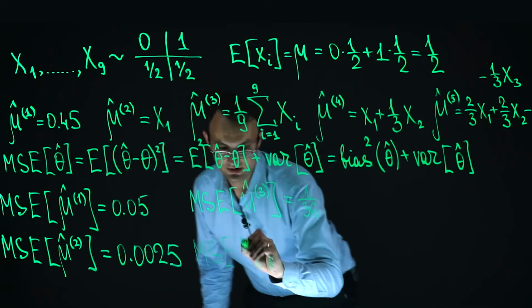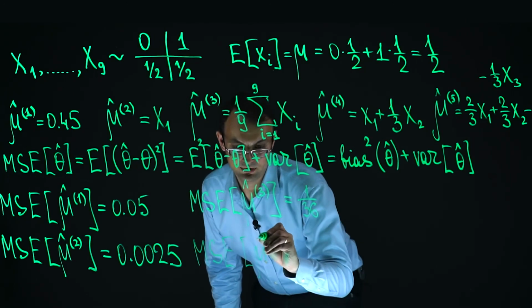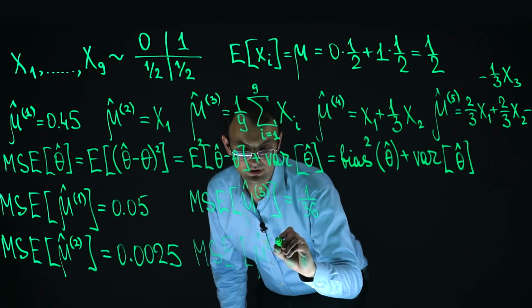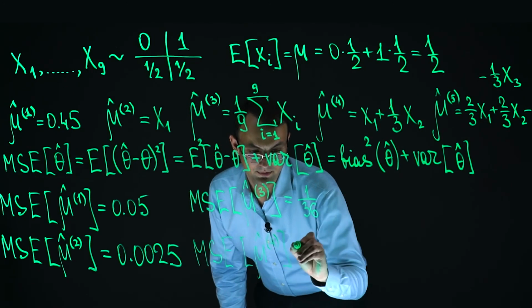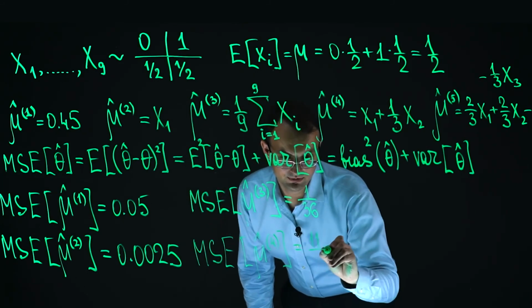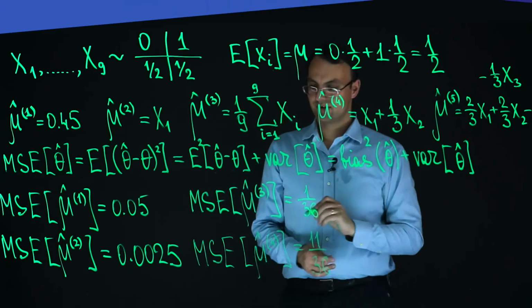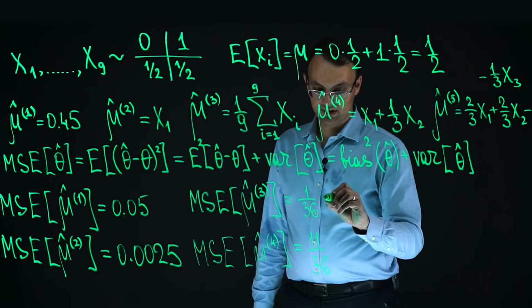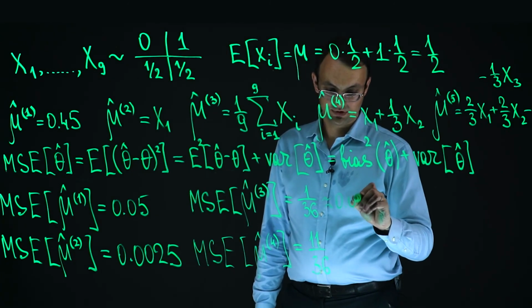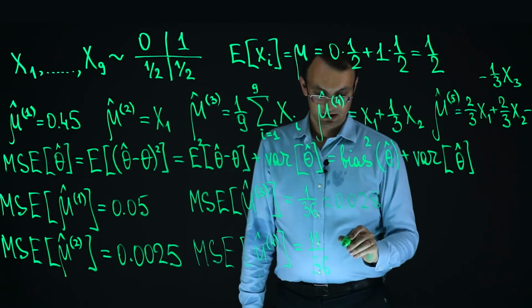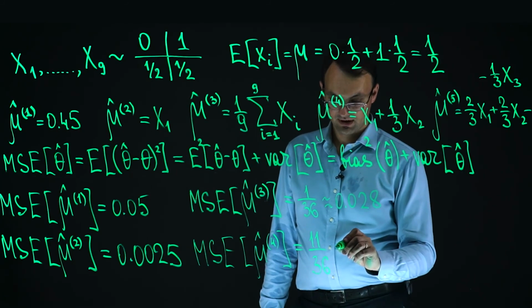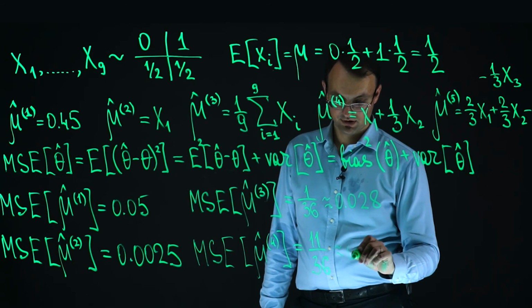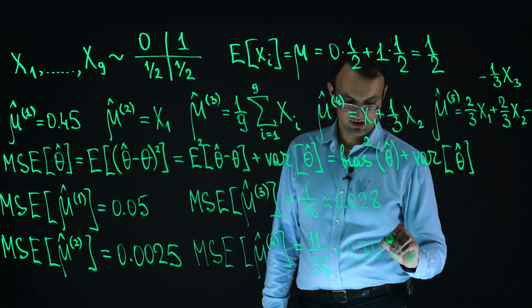MSE of mu4 is 11/36, approximately 0.306.